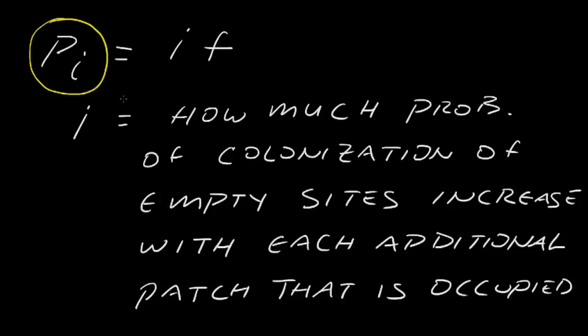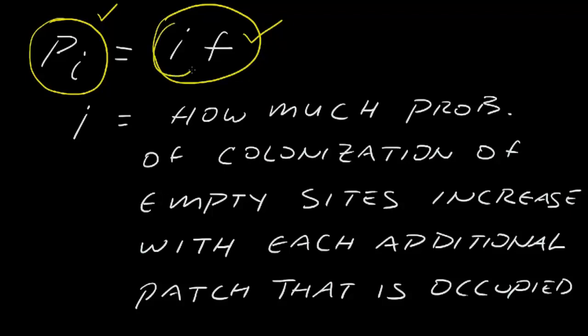So we're going to take that model and modify it a little bit to capture this internal colonization effect. And what we'll do is we'll take P_I and substitute for P_I this thing here, which is I times F. So we know what F is, right? That's the fraction of occupied sites. And the more sites that are occupied, the greater the chance for internal colonization.